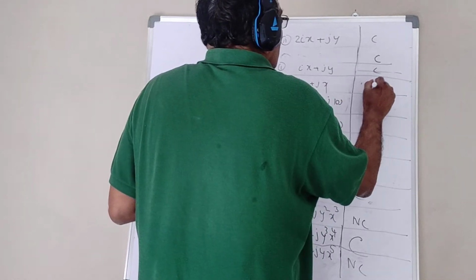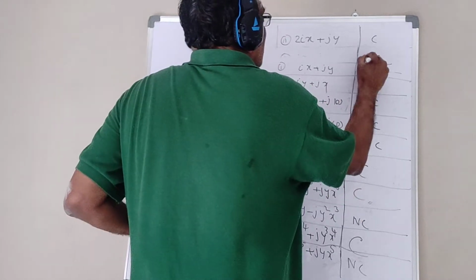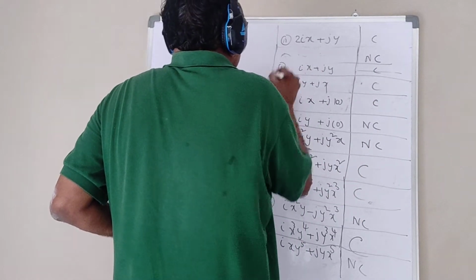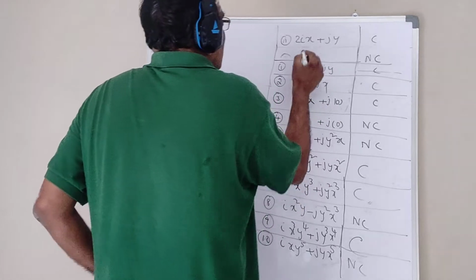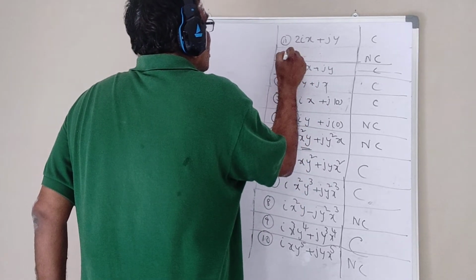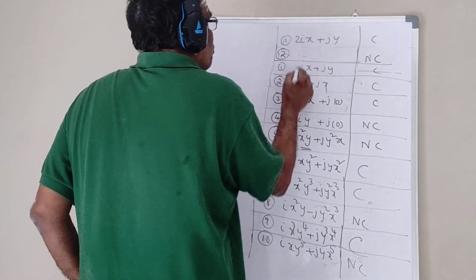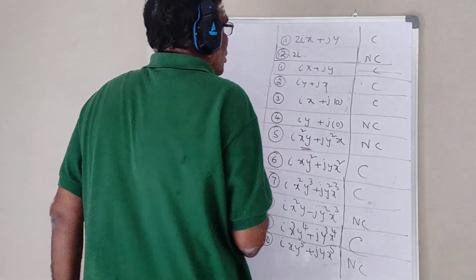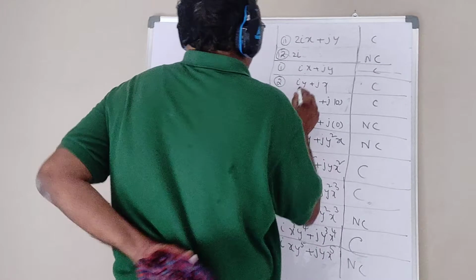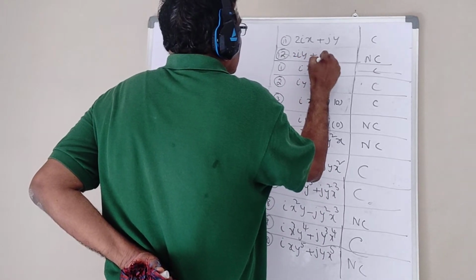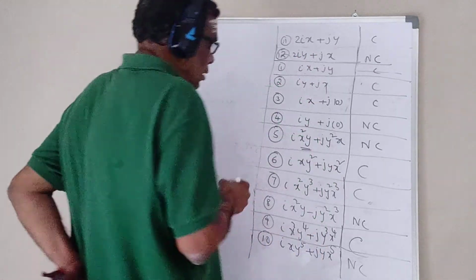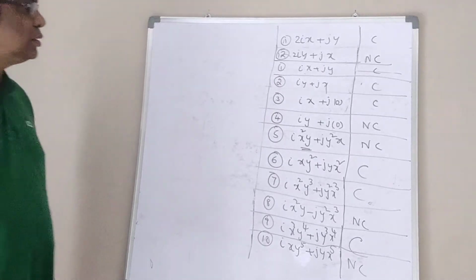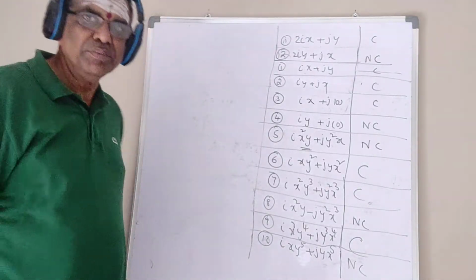So this is conservative and this is non-conservative. 12 is plus j x. So I have given you virtually 12 models.